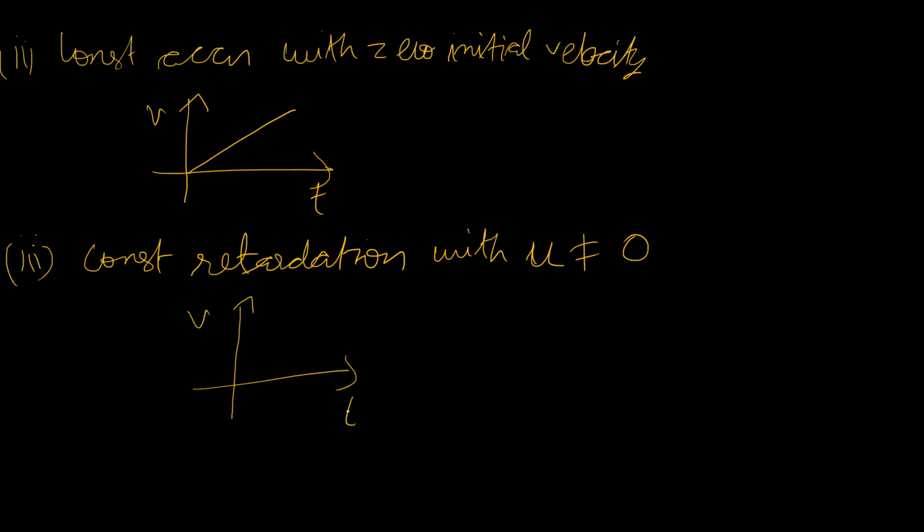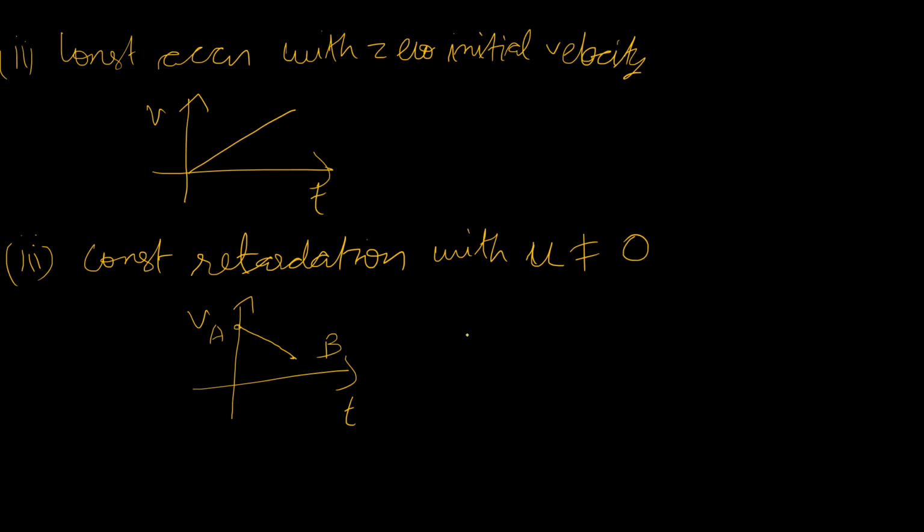V and t. Let's say we have 2 points A and B. Since retardation, it will be like this. Because u is not equal to 0, u can be anywhere; it can start from here and reduce, it can start from here and reduce. So I took a particular random point in the velocity axis, that is A, and pointed to B. That's it.